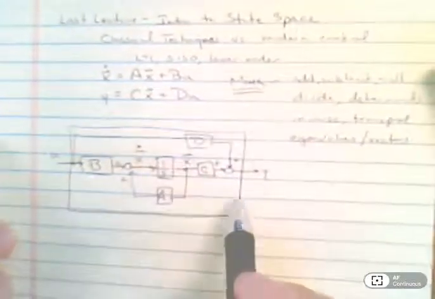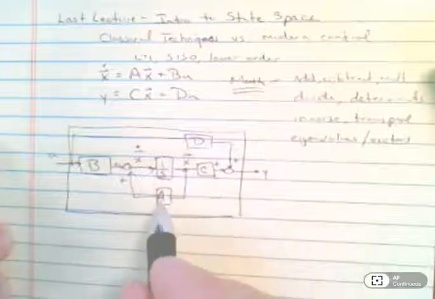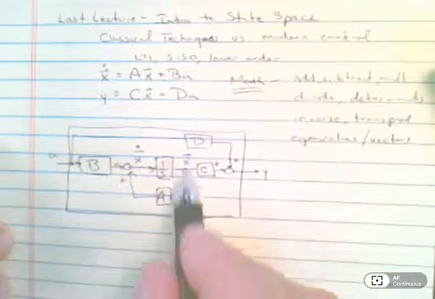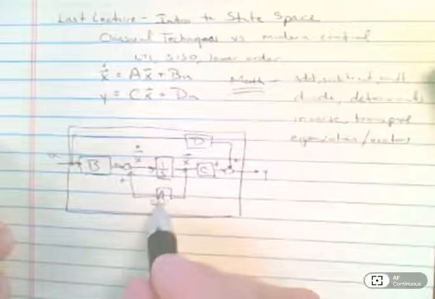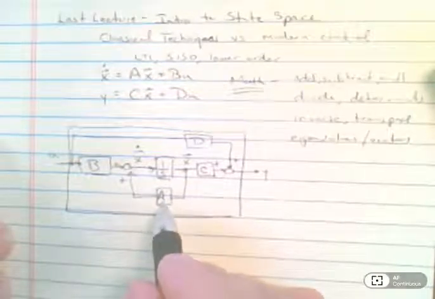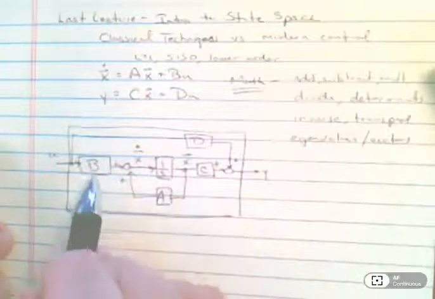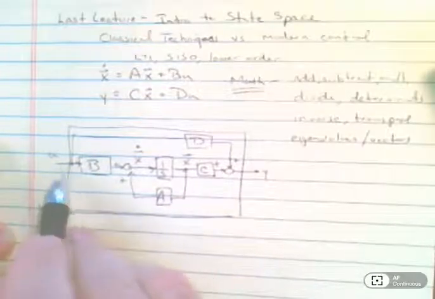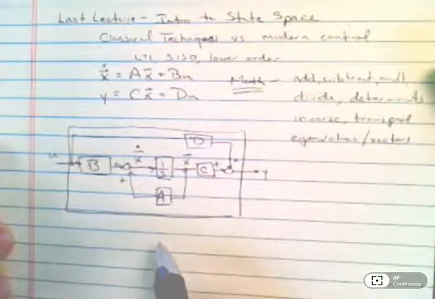And we see the roles that each of these terms, A, B, C, and D, play. A is our feedback term, and we've often talked about how the feedback dictates the dynamic. So all the dynamic information about the evolution of the system is somehow captured in the matrix A. B, on the other hand, in some sense sort of pre-filters the input in terms of how the state can be influenced.